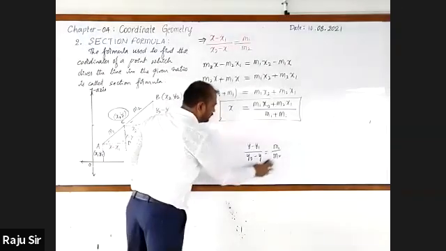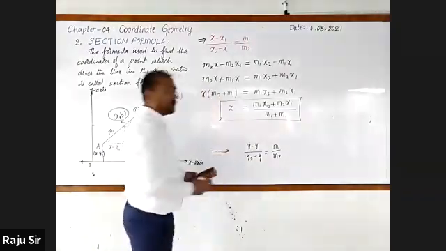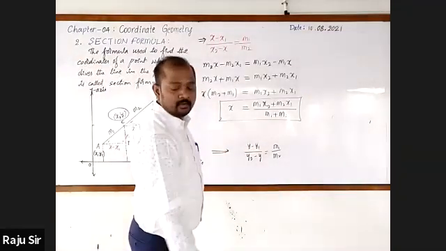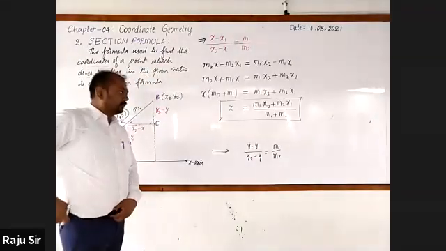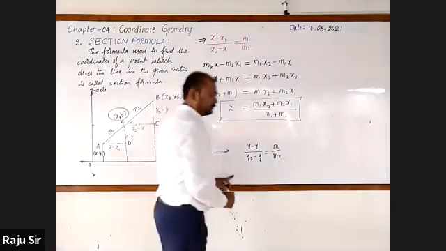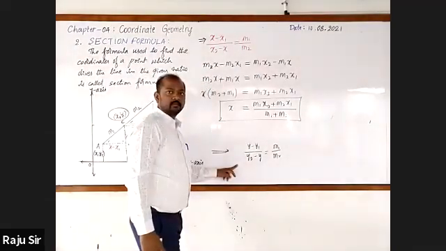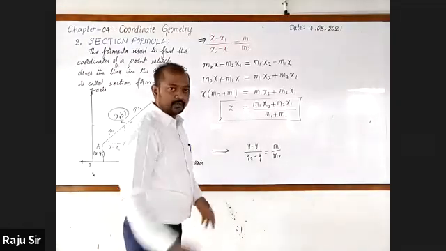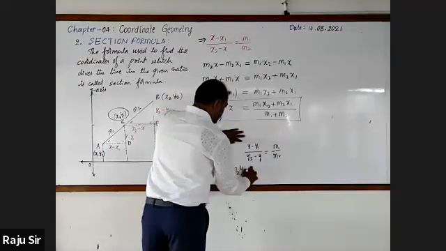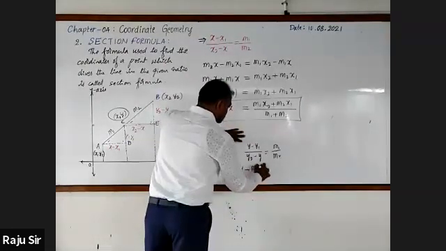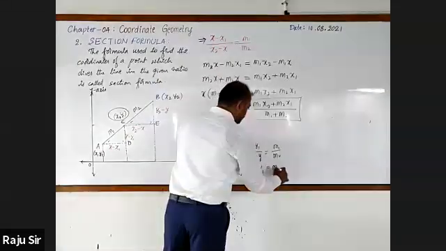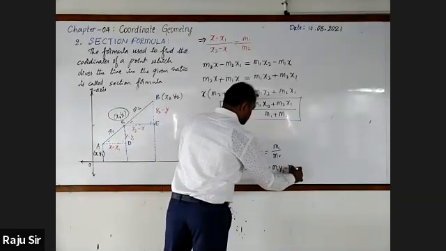Similarly, I'll go for taking the last two ratios. Y minus y1 by y2 minus y is equal to m1 by m2. Go for cross multiplication. It is m2y minus m2y1 equal to m1y2 minus m1y.